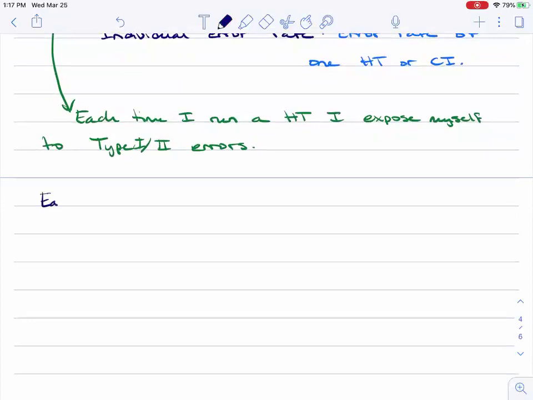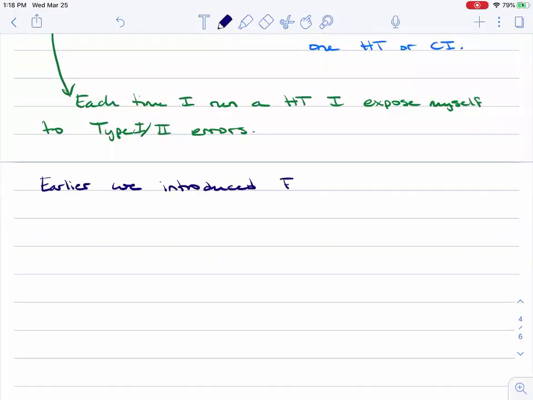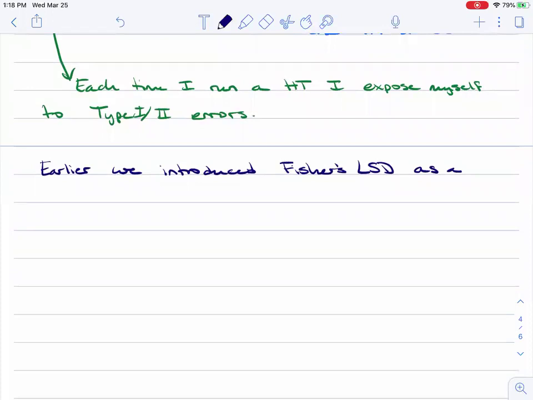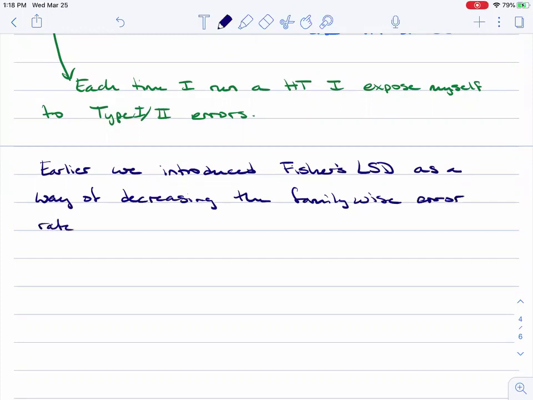So earlier, right, we introduced Fisher's LSD as a way of decreasing the family-wise error rate for multiple tests.